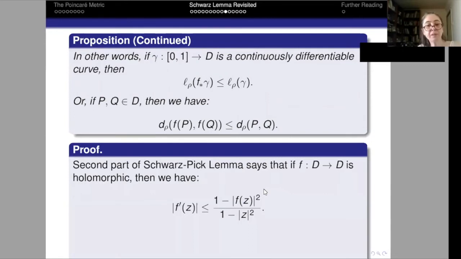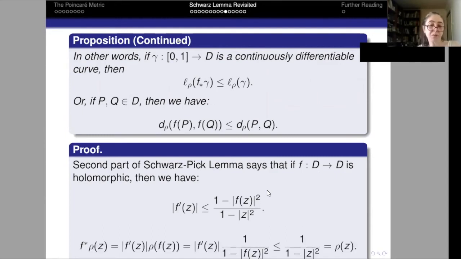Now the proof is, well, actually this is just rewriting the Schwarz lemma, the second part of the Schwarz lemma. If you remember, the Schwarz lemma says if f is a holomorphic function on the disk, then the absolute value of the derivative of f is less than or equal to (1 minus absolute value of f(z) squared) over (1 minus absolute value of z squared). This is the second part of the Schwarz lemma.